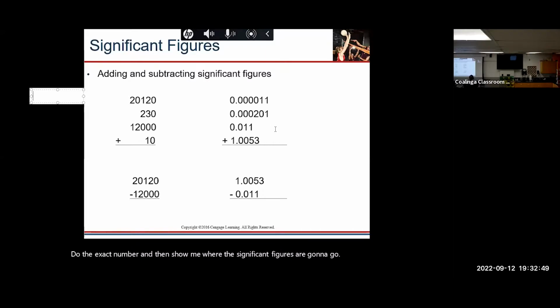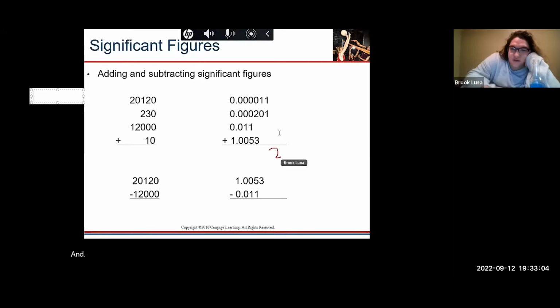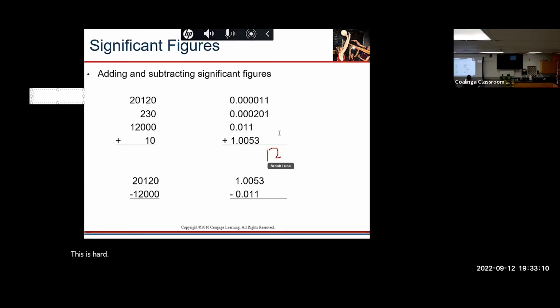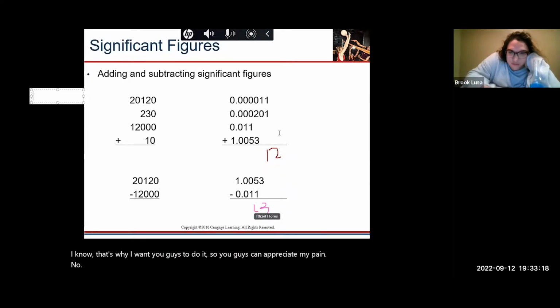Oh, this is hard. Hold on. That's why I want you guys to do it, so you can appreciate my pain. No, the pencil's annoying. My 5 looks dumb now.